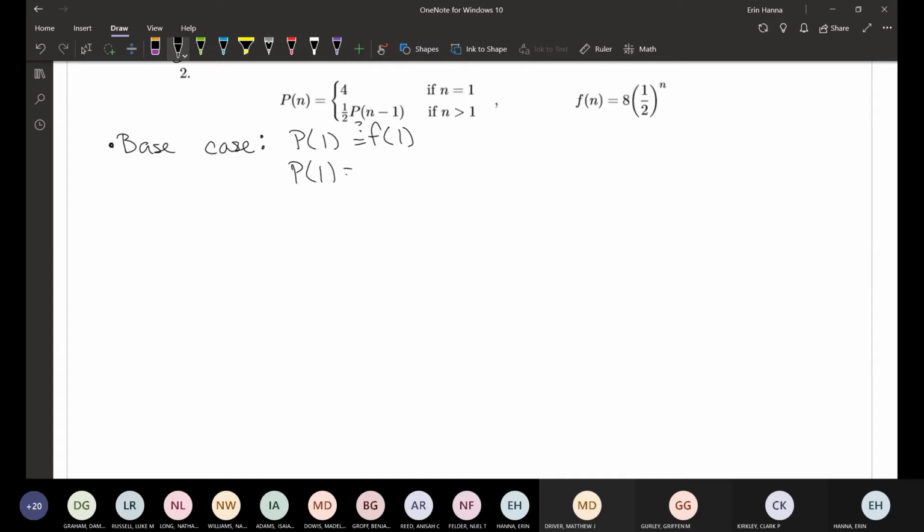So P of 1 equals 4. F of 1 equals 8 times 1/2 to the first. So 8 times 1/2 is 4. 4 is the same as 4. So base case is done.